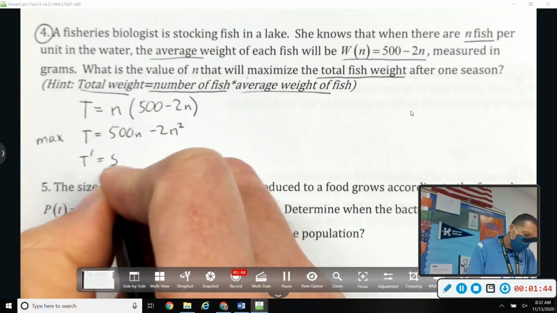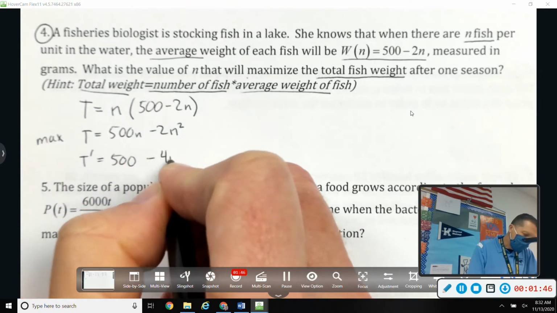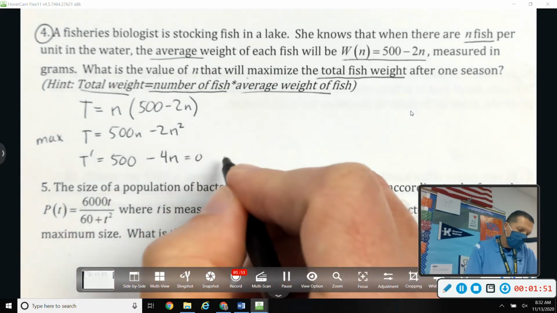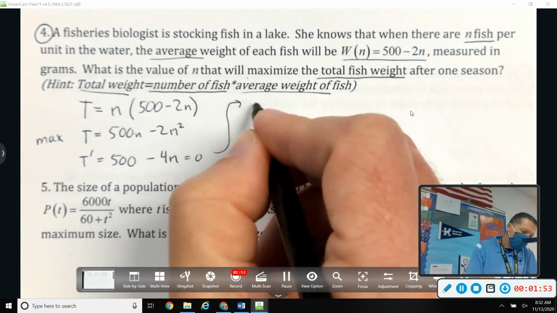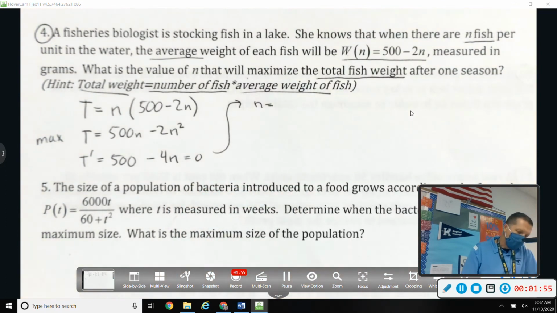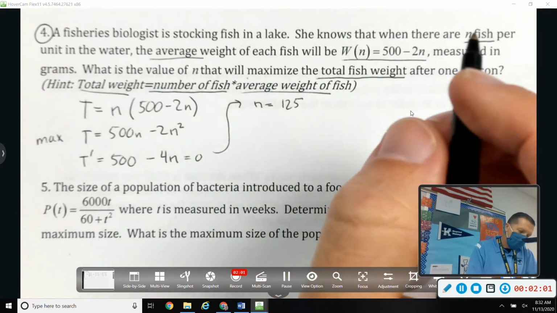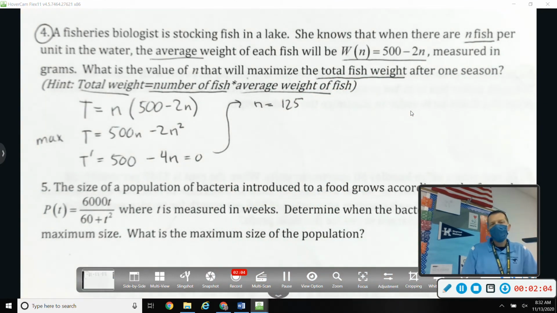So T prime would be 500 minus 4N. We set that equal to 0. N would be 500 divided by 4, 125. So we think that's our answer.